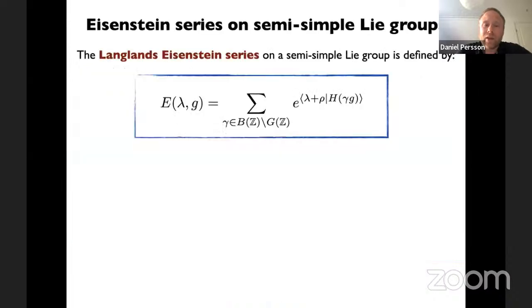And from our point of view, we want to look at a generalization of the Eisenstein series that we had. So I want to look at specific types of automorphic forms that generalize the non-holomorphic Eisenstein series I had before. And so I'm going to use the definition due to Langlands. So this is an Eisenstein series that you get by taking a group G(R), and I'm defining it as this sum over integer points of G quotient on the left by the Borel subgroup.